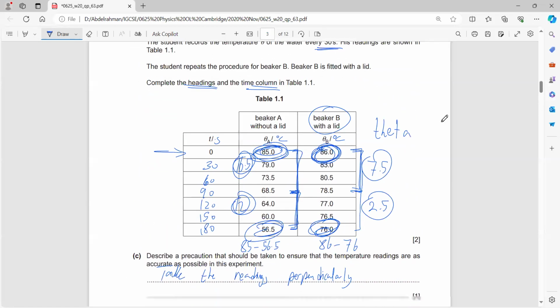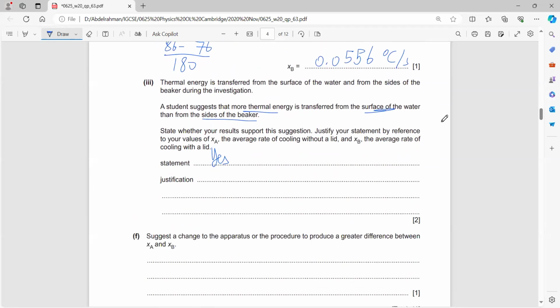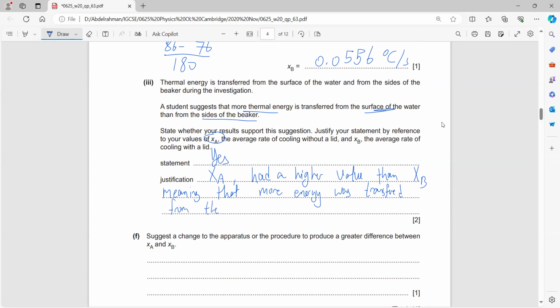So theta A, which was without a lid, XA, had a higher value than XB, meaning that more energy was transferred from the surface.